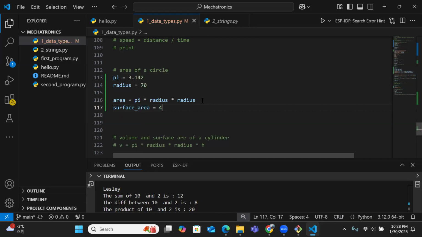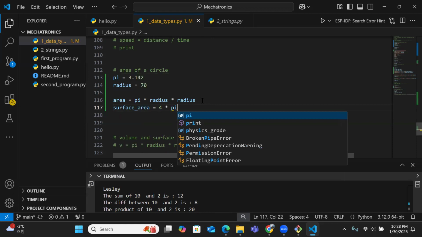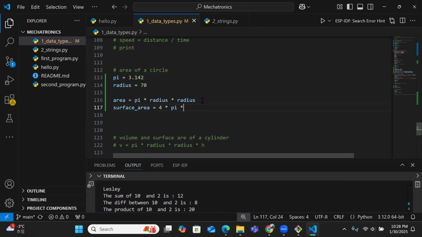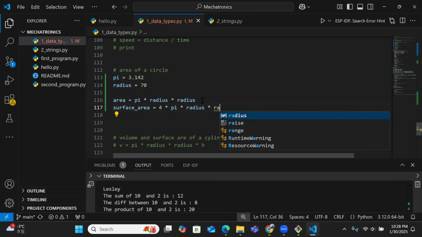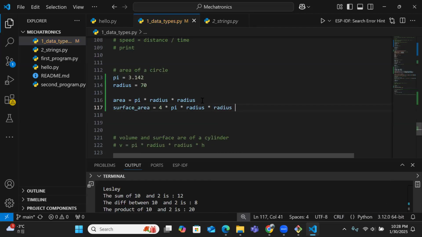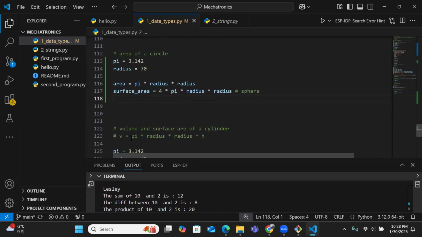So 4 times pi times radius times radius. Okay, so this is the surface area of a sphere. Then the volume we had looked at, volume of a cylinder, pi r squared h. So you just say pi times radius times radius times height.